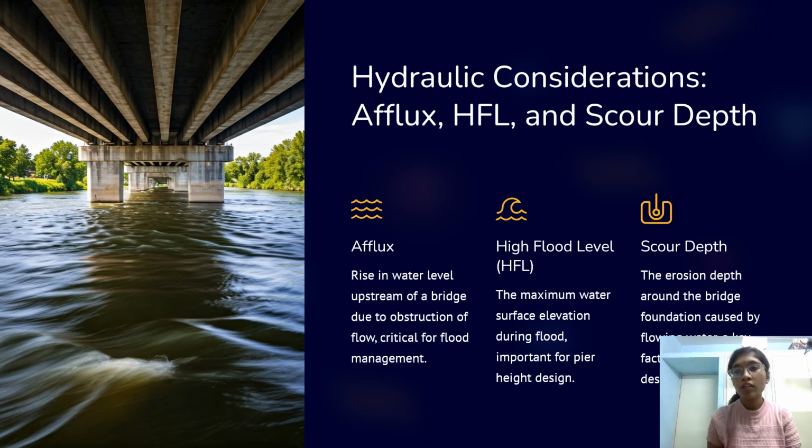Scour depth is the erosion depth around the bridge foundation caused by flowing water. In this slide, it says the height of bridges is designed depending upon the high flood level.